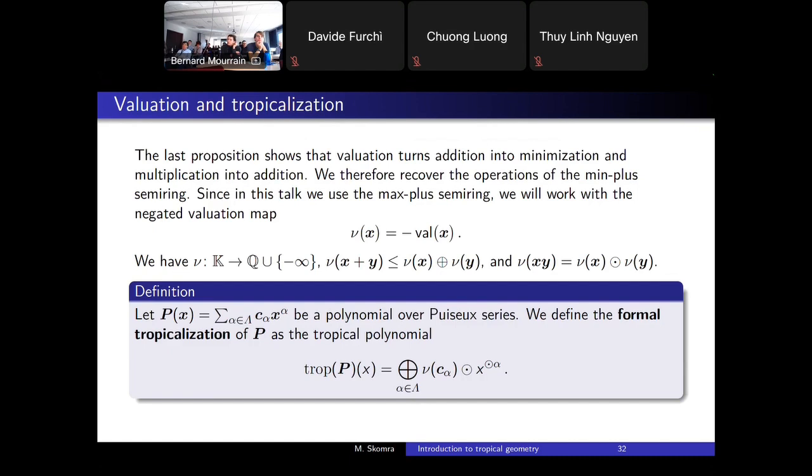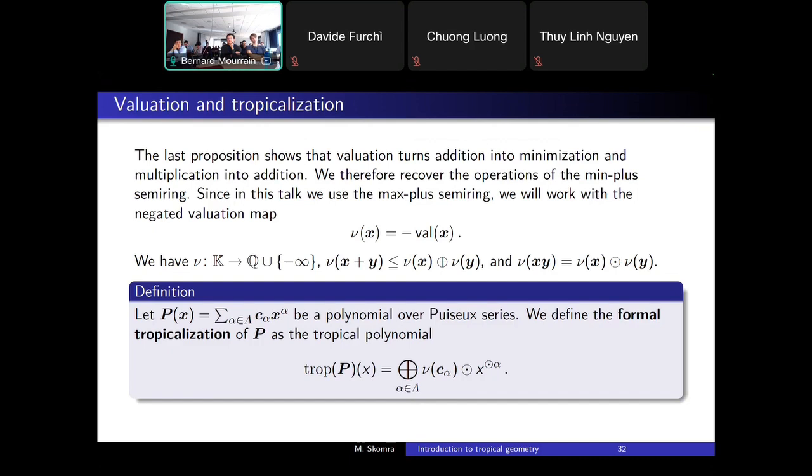Okay. So now we can try to relate this to the study of tropical polynomials, right? So how can we relate a polynomial over Puiseux series with a tropical polynomial? We will just relate them by, let's say, brutally tropicalizing the polynomial. So we get a polynomial over Puiseux series, given like this.